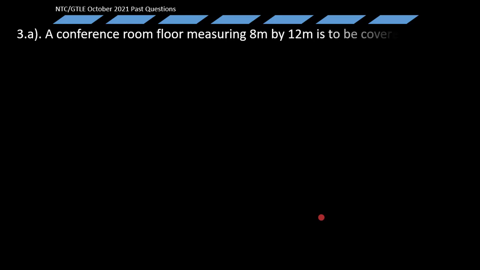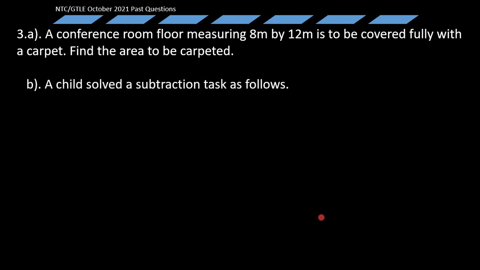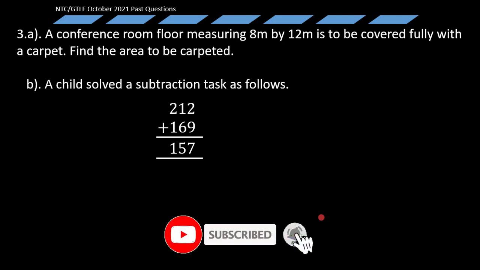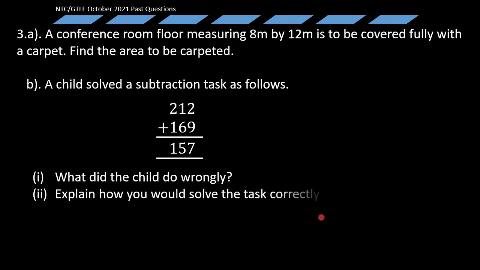A conference room floor measuring 8 meters by 12 meters is to be covered fully with a carpet. Find the area to be carpeted. And B. A child solved the subtraction task as follows. Now this was how the child solved it. The question was, what did the child do wrong? And explain how you would solve the task correctly.